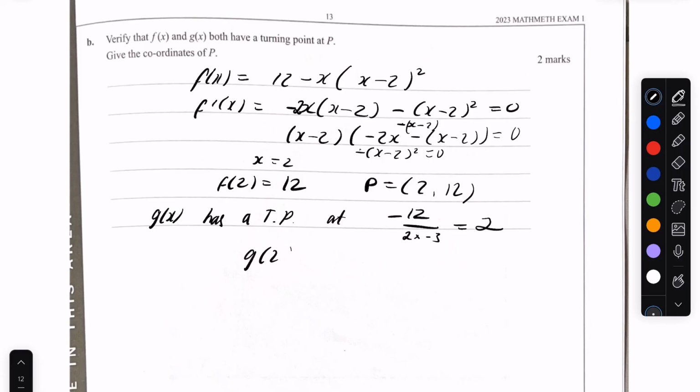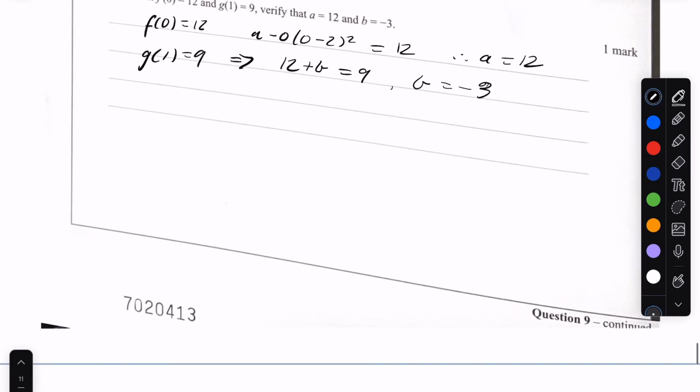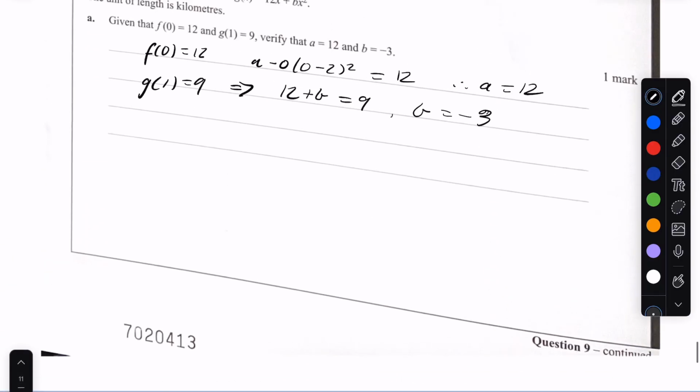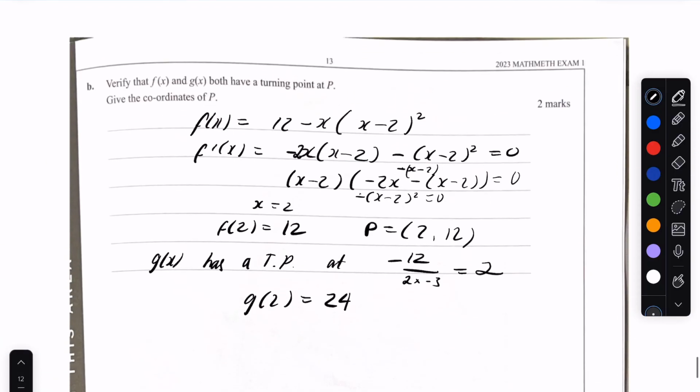And g of 2 is equal to 24 minus 3 times 4, which is 12. Therefore, both have a turning point at P.